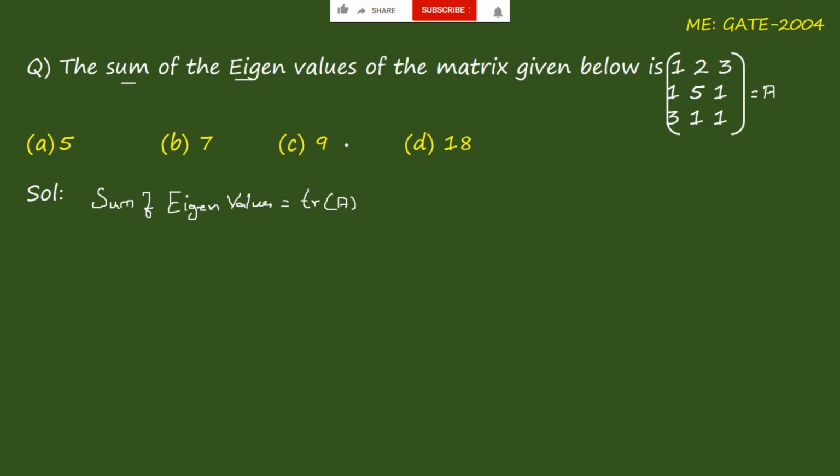So trace of A is nothing but the summation of the diagonal elements, which is equal to 1 plus 5 plus 1, which is equal to 7. So the sum of the eigenvalues is option B, 7. Come to the next question.